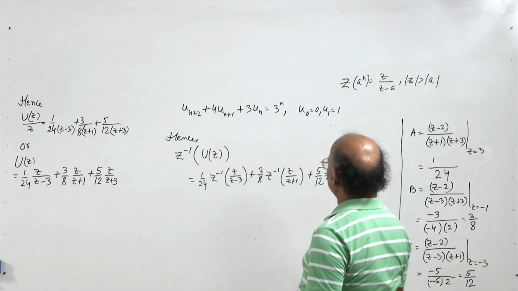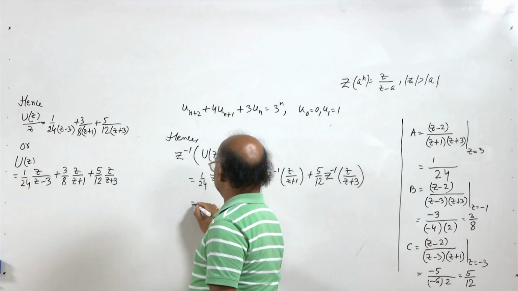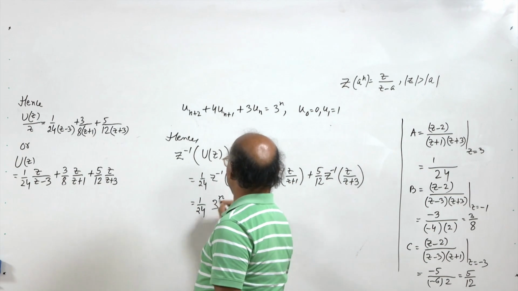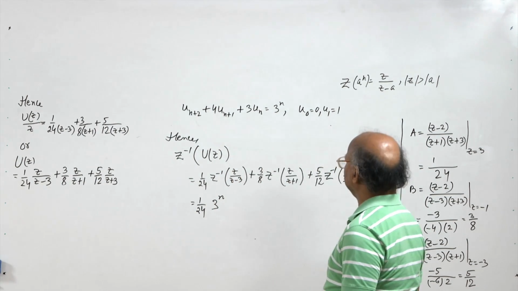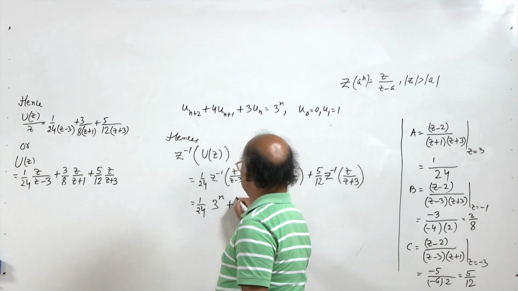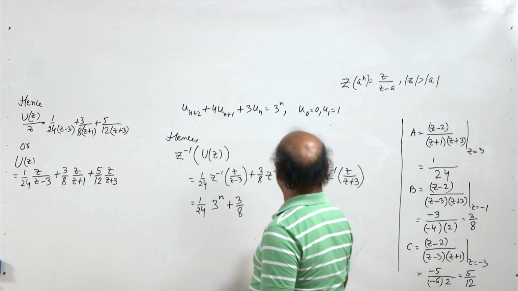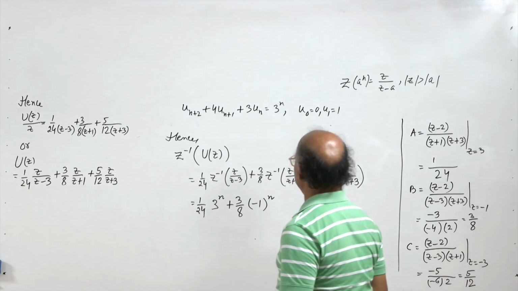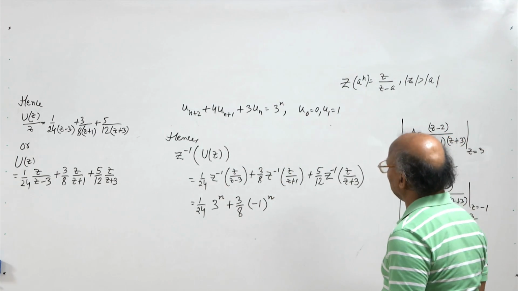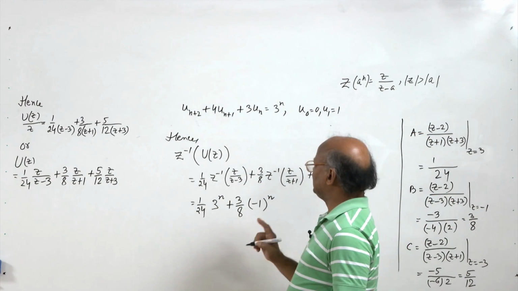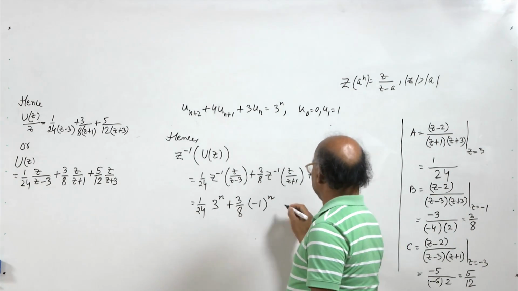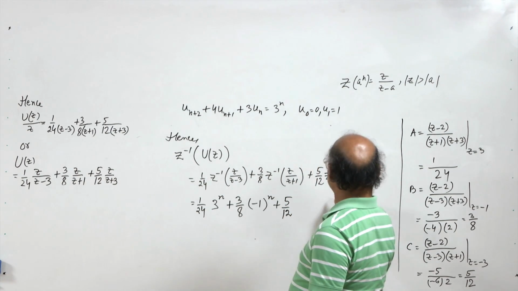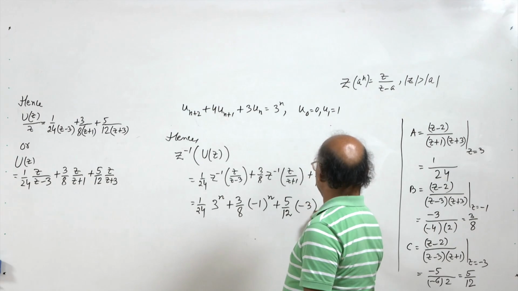So, Z inverse of z over z minus 3. So, this is 1 by 24 3 to the power n, where mod of z is greater than 3, and then 3 by 8, here minus 1 to the power n, as a is minus 1, and here mod of z is greater than 1. Then 5 by 12 minus 3 to the power n.